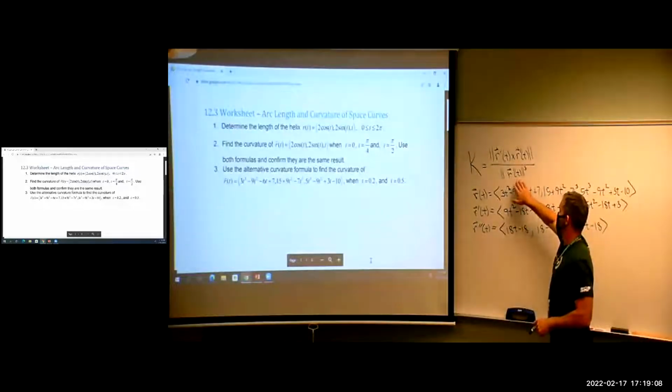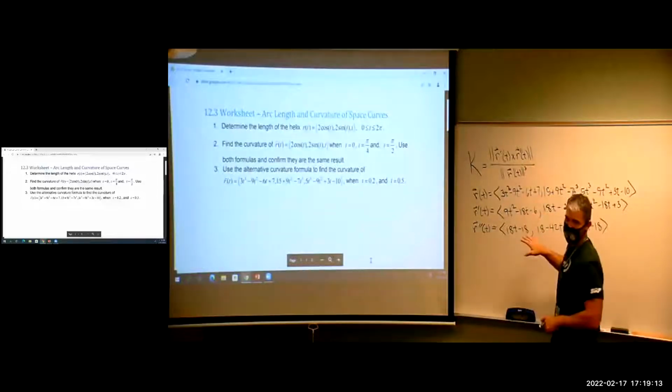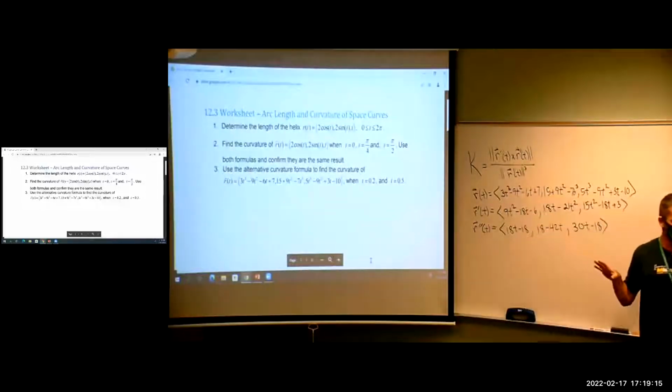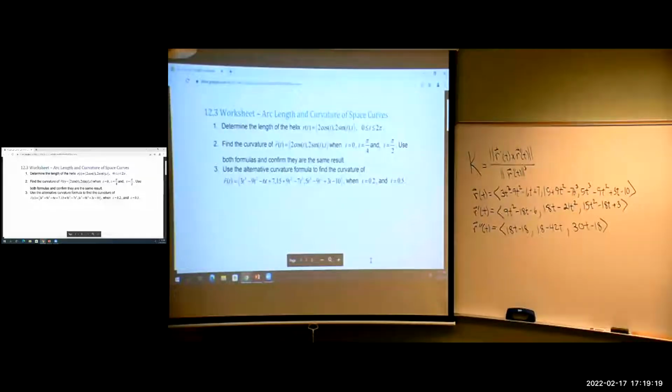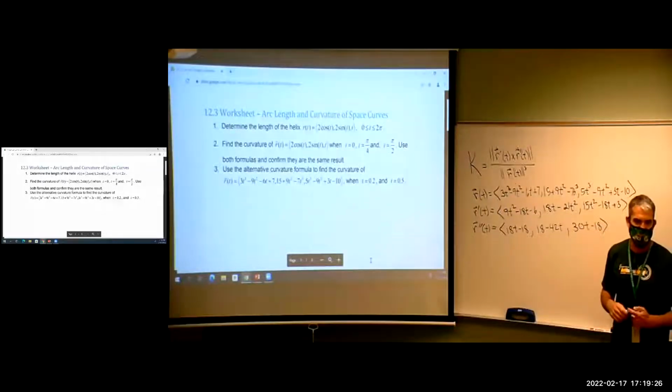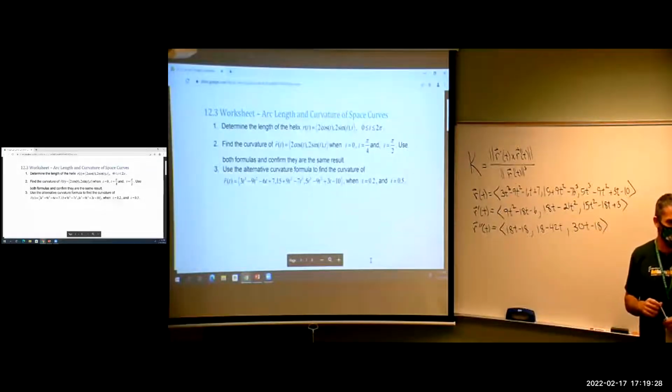Now, by hand, as you can imagine, this is going to be a mess, right? So what we're going to do is calculate these values with the t value already plugged in.